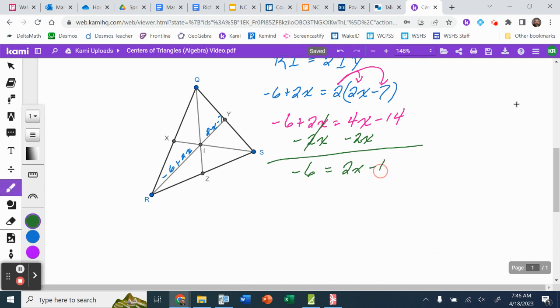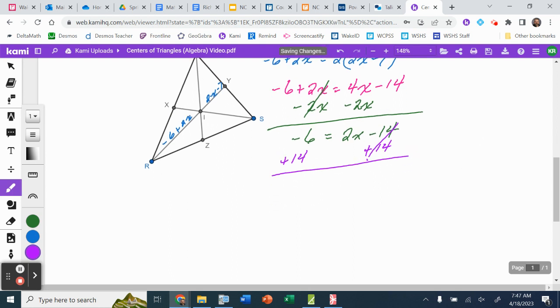Then my next step for solving, I would add 14 to both sides. On the right, those are going to cancel out. On the left, -6 plus 14 is going to give us a positive 8. So 2x is equal to 8.